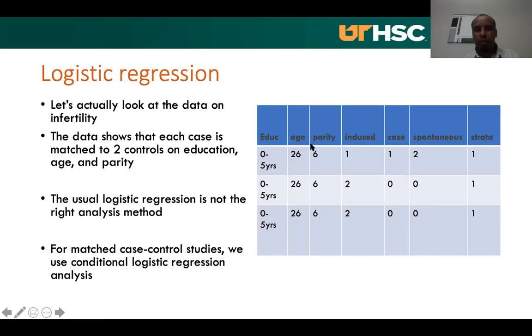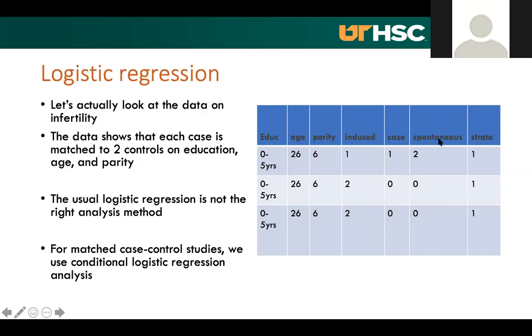And then the age of the woman, the participant, and the parity, which means the number of previous pregnancies, the history of previous induced abortion, and whether the patient has infertility or not. 1 stands for infertility and 0 stands for no infertility.